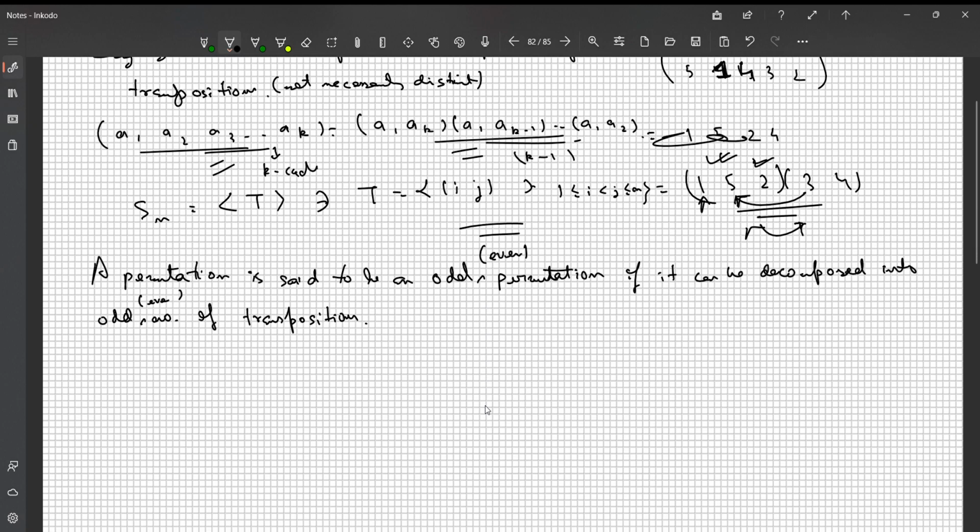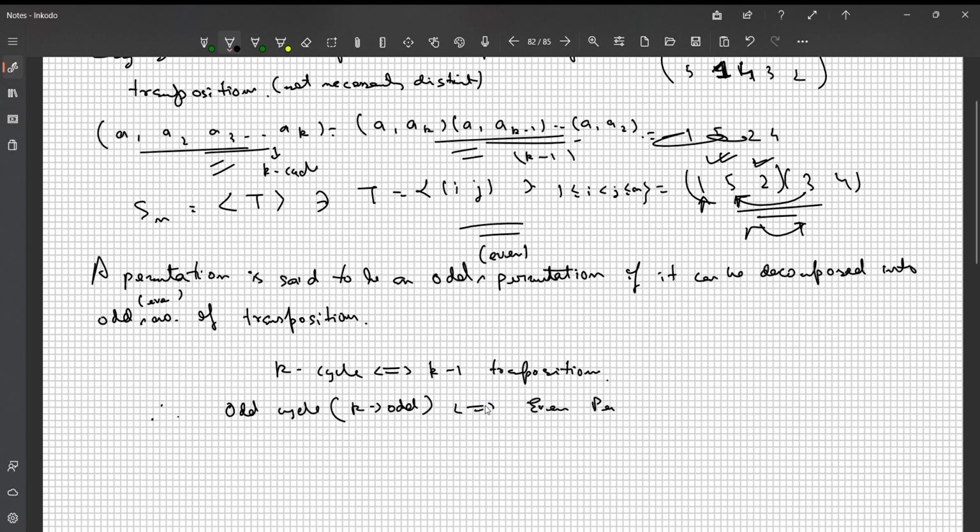Got it? Now notice one thing. If you consider this example, this is a k cycle. And what is the number of transpositions you have here? You have k minus 1 transpositions. Therefore, if you have a k cycle, then you can decompose it into k minus 1 transpositions. Right?